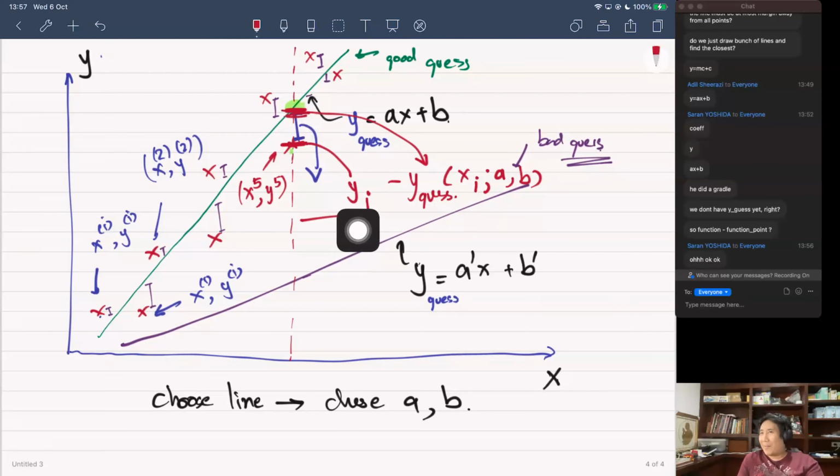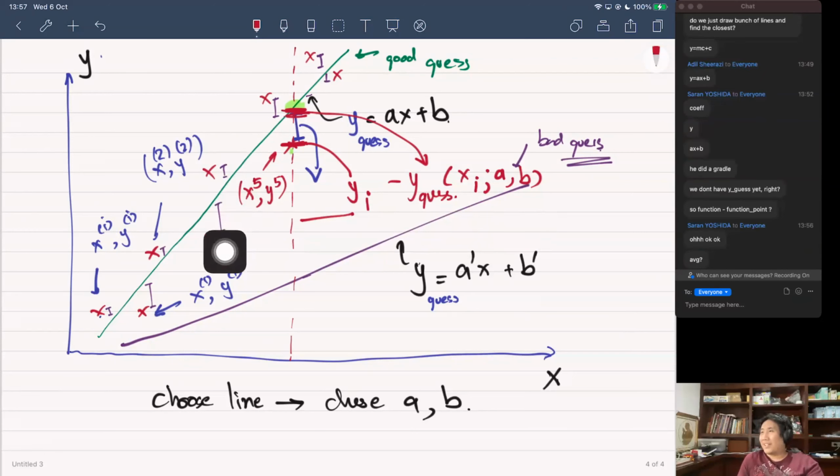For each data point you have a distance, so you're going to have a whole bunch of distances. How do you combine them into one number?